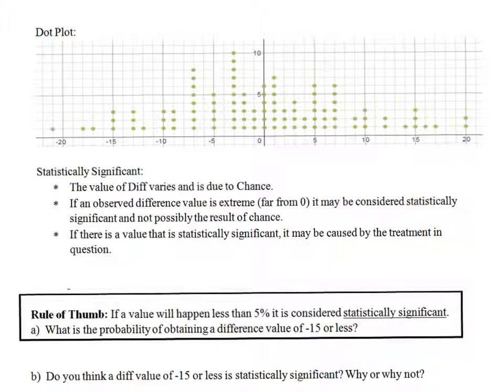So when I look at the dot plot that we've created here, you'll notice that this dot plot is different than any of the other ones we've created. This one is centered around 0. Centered around 0 means that my means are congruent. So a diff value of 0 means that I'm going to have those points right there.